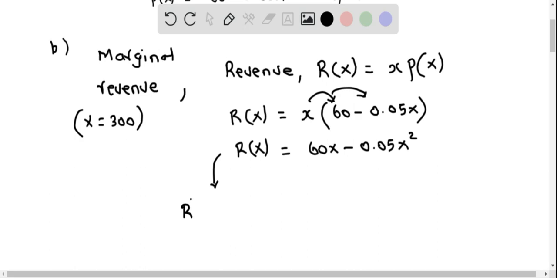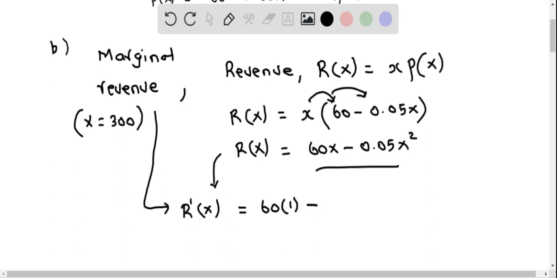We find the derivative of the revenue function, which gives the marginal revenue. So I write this as R prime of x, the marginal revenue function. The derivative of the first term, 60x, is 60 times the derivative of x, which is 1, minus 0.05 times the derivative of x squared, which is 2x by the power rule.